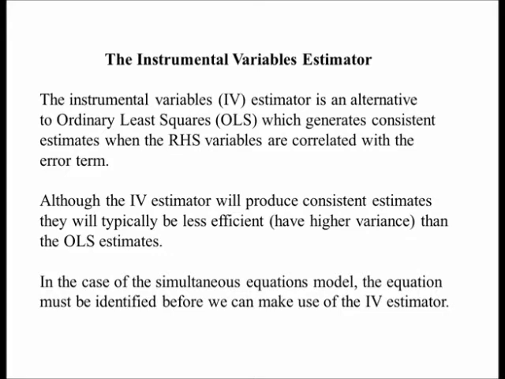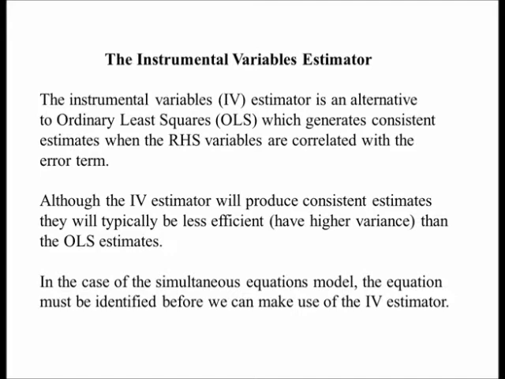We'll end up getting less efficient estimates. So what we'll find is that in fact there is a trade-off when we look at the instrumental variable estimator between getting consistent estimates and getting efficient estimates. And we may not always want to choose the instrumental variable estimator, even if it means putting up with some bias or inconsistency in the OLS estimator.